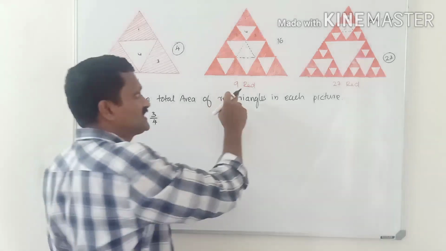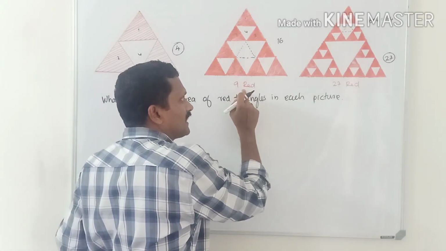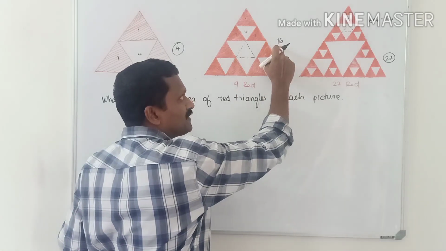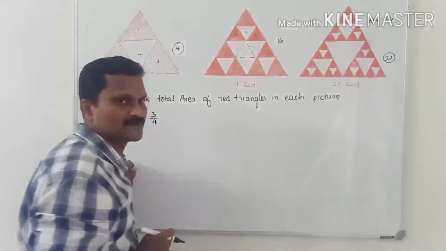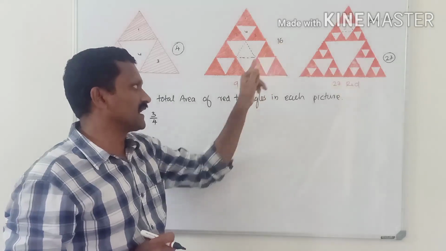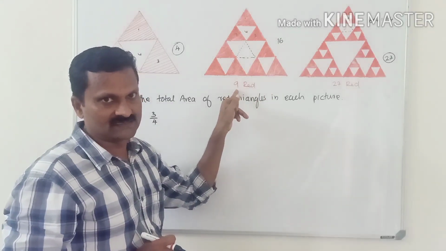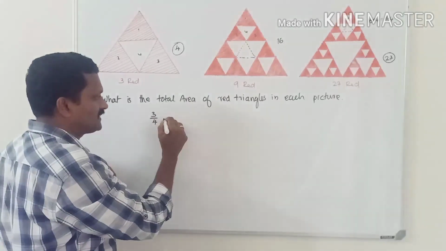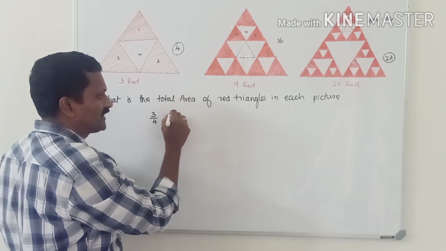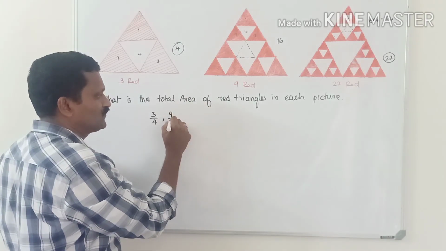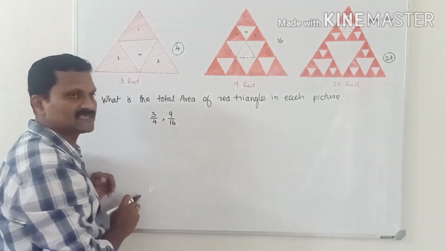What about the second figure? There are 9 red triangles and the total number of triangles is 16. Out of 16 triangles, 9 are red. So the total area of red triangles in the second figure is 9 by 16.